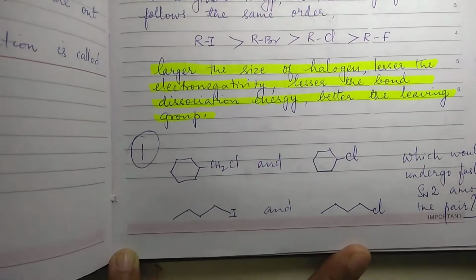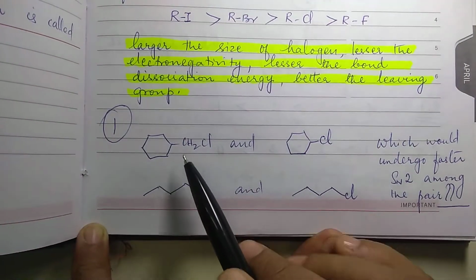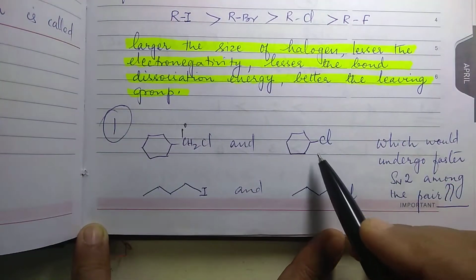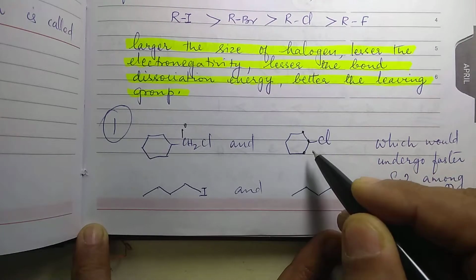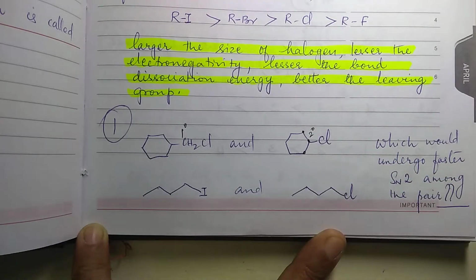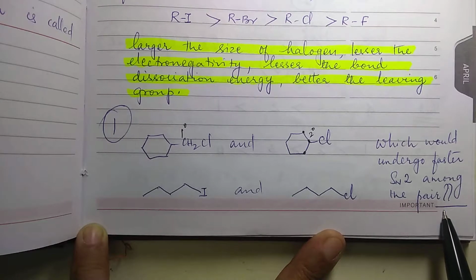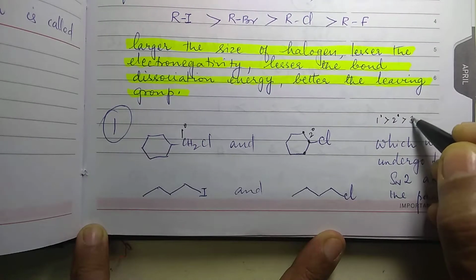Now based on that, there are a few exercise questions which you have already seen. Here you see this is a primary carbon, whereas this is secondary. This is attached to this carbon and this carbon, so this is secondary. Which would undergo faster SN2 among the pair? In SN2, the reactivity is 1 degree greater than 2 degree greater than 3 degree.